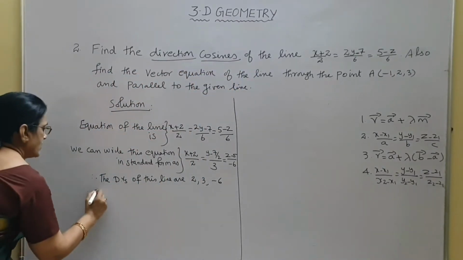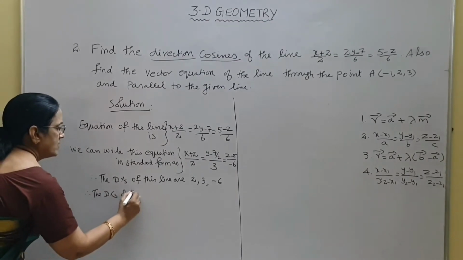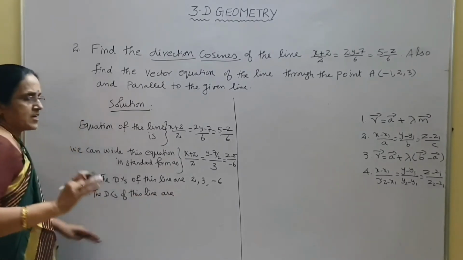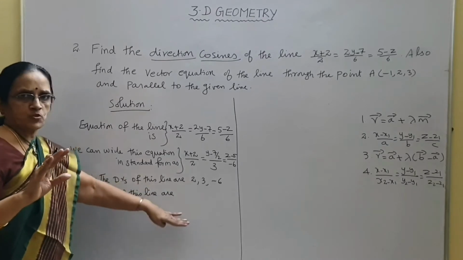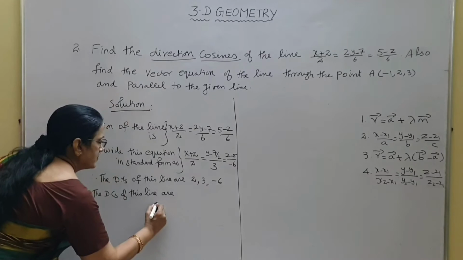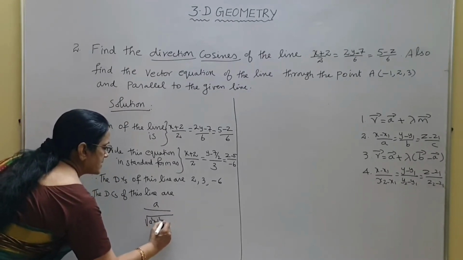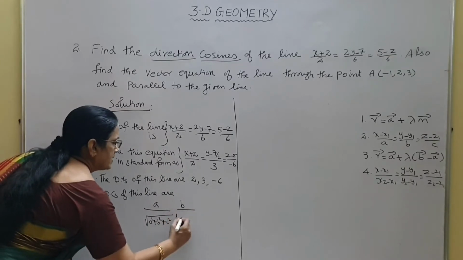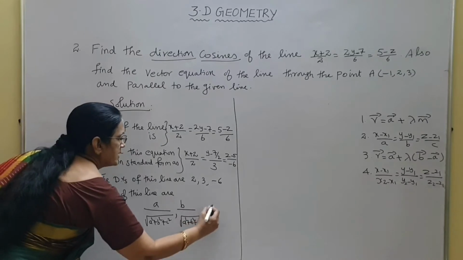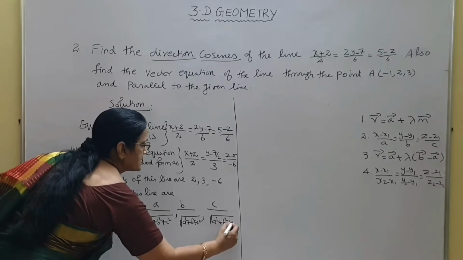So, therefore, the direction cosines or DCs of this line are, first let me write the formula for you, then we will substitute here. It is nothing but a by square root of a square plus b square plus c square, b by square root of a square plus b square plus c square, c by square root of a square plus b square plus c square.